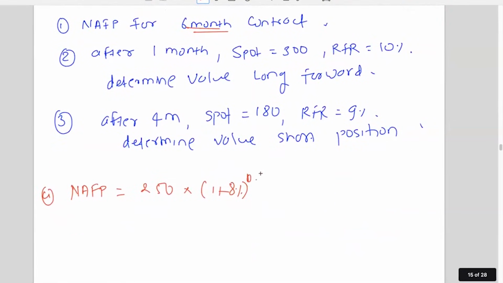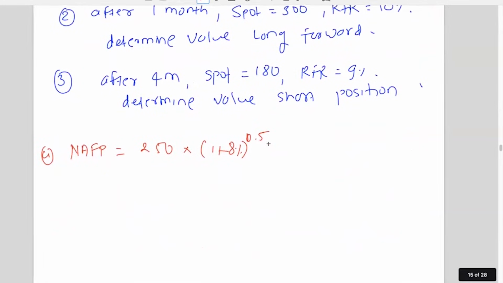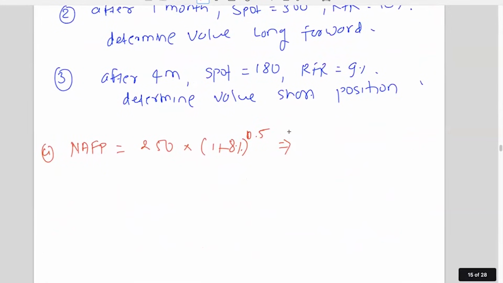So it's going to be raised to 0.5, half of the year, right? Help me out with this number. How much is this? How much is this coming to? 259.80. All right, those of you who got this right, give me a large, loud I pass on the box, please.